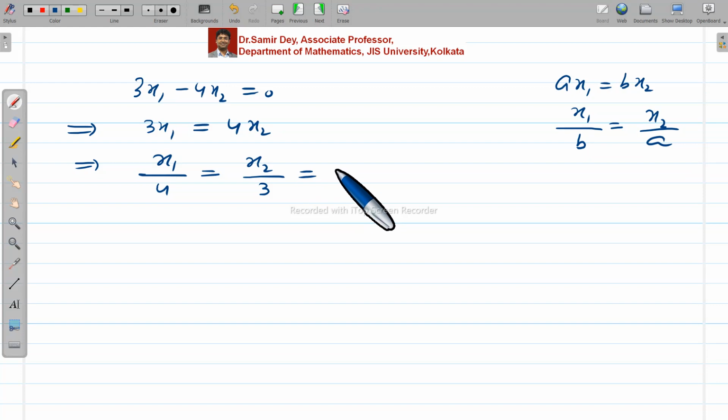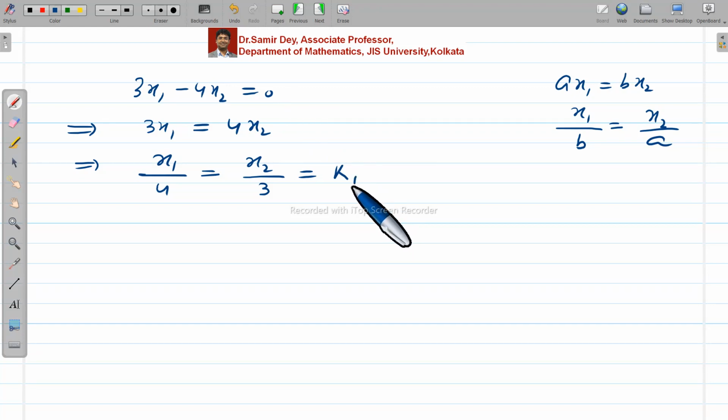Now you need to write k1. Why k1? Because already you know from the solution of a system of linear equations, here how many variables do you have? Two variables, x1 and x2. How many equations do you have? Only one equation. So already you know, if the number of variables is higher than the number of equations, then there exist multiple solutions or many solutions.